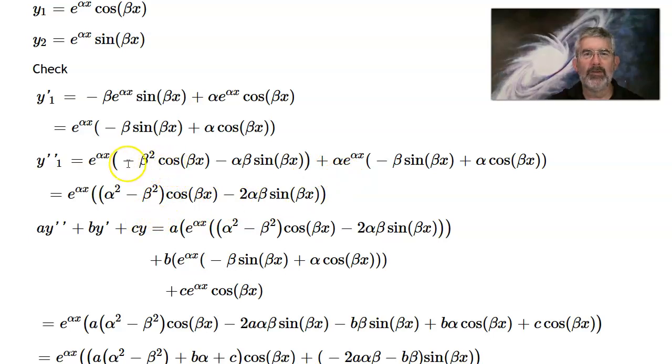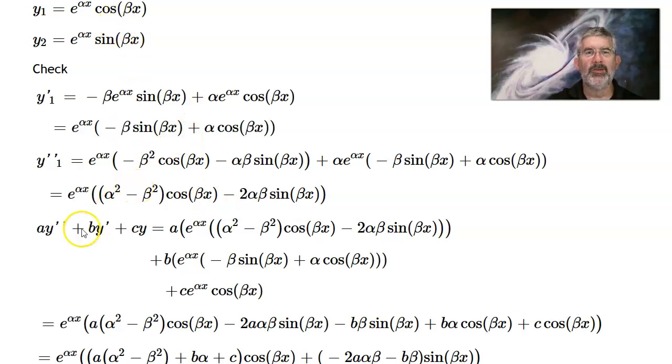So the cosine, for instance, I see a minus beta squared, and over here there's an alpha cosine and an alpha there, so there's an alpha squared cosine. That's that. And then the sines, there's a minus alpha beta, and there's also a minus alpha beta that comes from this one. Okay, so minus 2 alpha betas. So there's the second derivative, there's the first derivative, there's the function.